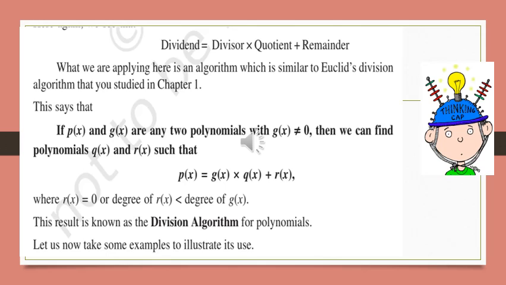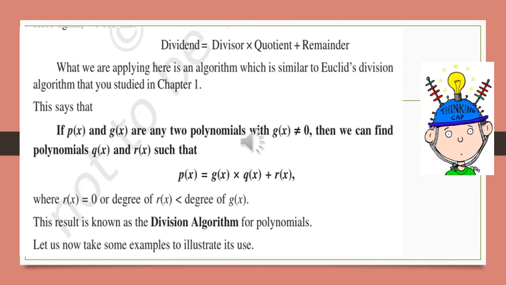This says that if p(x) and g(x) are any two polynomials with g(x) not equal to 0, then we can find polynomials q(x) and r(x) such that p(x) equals g(x) into q(x) plus r(x), where r(x) equals either 0 or the degree of r(x) is less than the degree of g(x). This result is known as the division algorithm for polynomials.